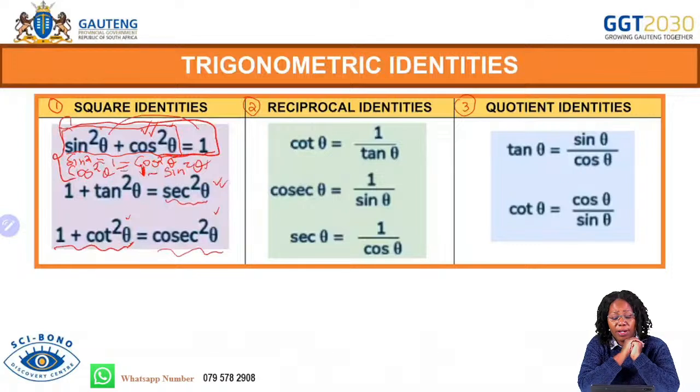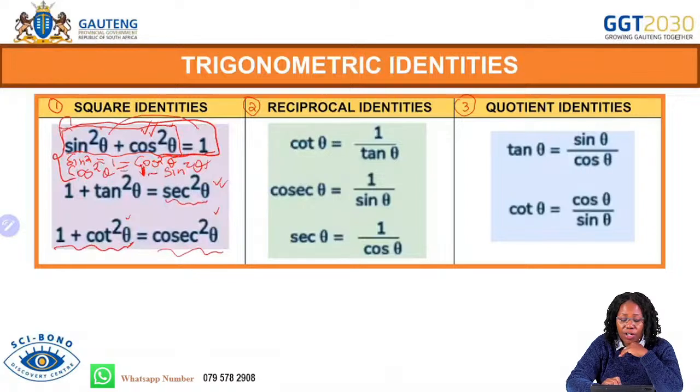Second bracket, you have the reciprocal identities. With the reciprocal identities, a tangent goes with the cot, the cosec goes with sine, and the sec goes with the cos. That means when I have a cot, I can write it as 1 over tan. When I have a cosec, I can write it as 1 over sine.